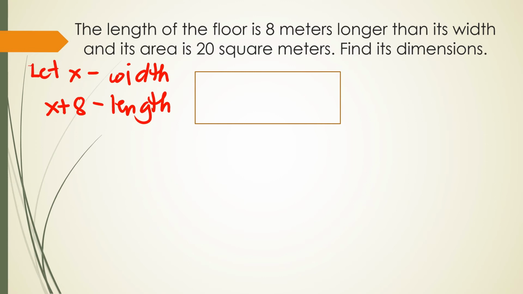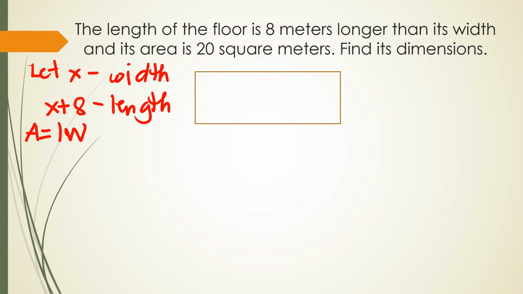The length of the floor is 8 meters longer than its width. Okay, so our width is x and the length is 8 meters longer than its width, so we have x plus 8. We all know that the formula of the area of a rectangle is length times the width.